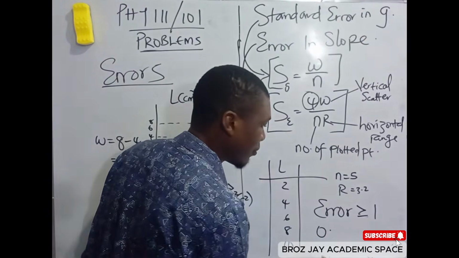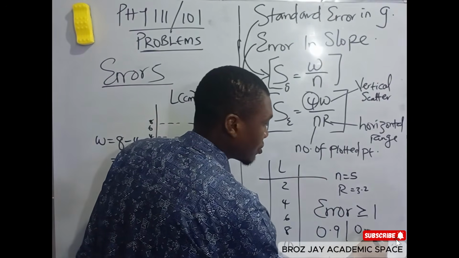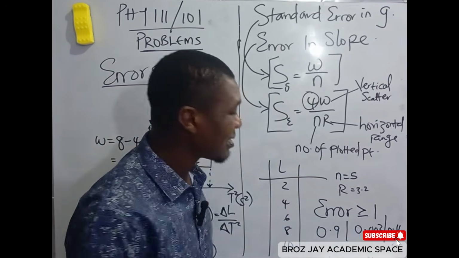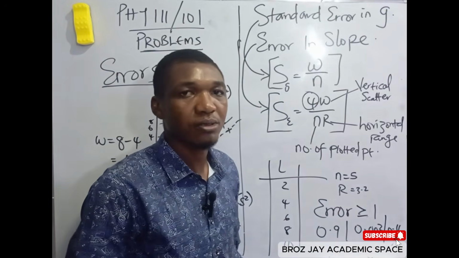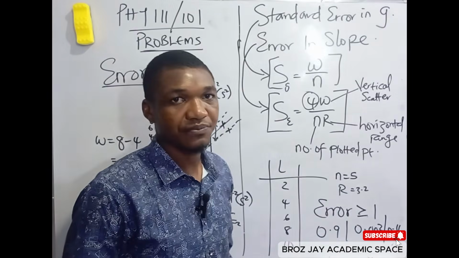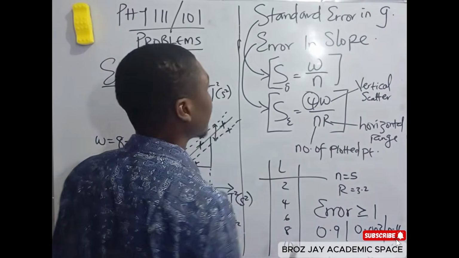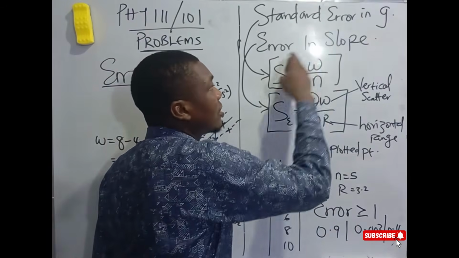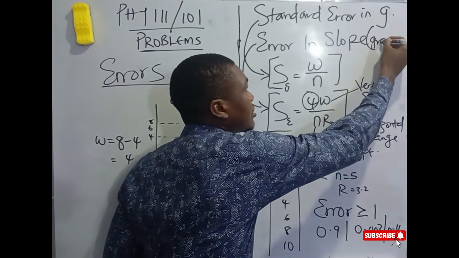Therefore, 0.9 is okay, 0.002, 0.4. Anything equal to or greater than 1 is very wrong. Just know that you're not plotting a graph; your error is bigger than the graph itself. So that is how to get your vertical scatter and to find your standard error in G and error in slope, gradient.